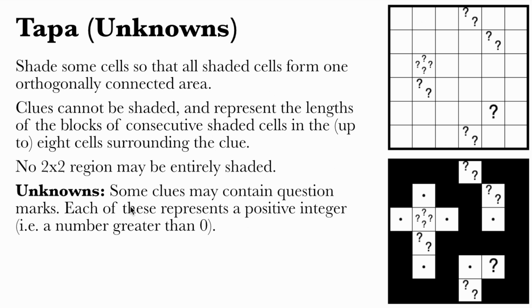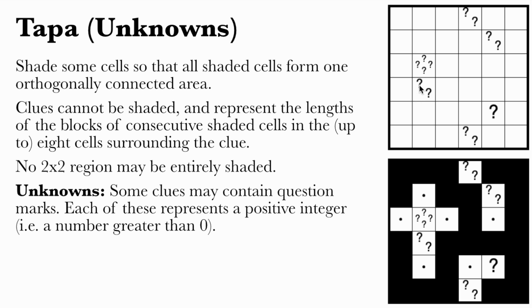So, bringing that back to our previous rule that we put a pin in, in this particular variant, all of our numbers are just question marks, and so we have to figure out what number they represent.